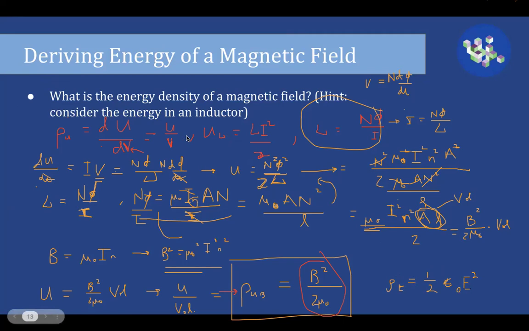We can also prove that by considering the energy stored in a capacitor instead of an inductor. Remember the energy in the capacitor was CV squared over 2. We can go over that later if you want, but just remember electric field energy density and magnetic field energy density. Pretty important. All right, let's go on then.